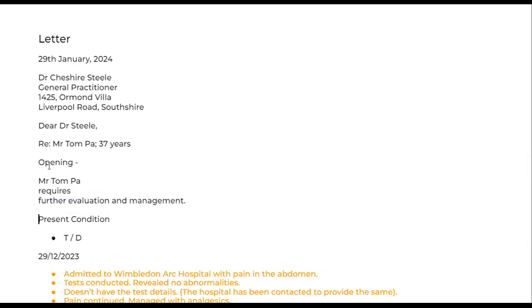Now we have to find out the present condition. Is he recuperating or does he have symptoms suggestive of something? What is his present condition now? He has had an overdose. Very good. Okay, he has had a medicine overdose.